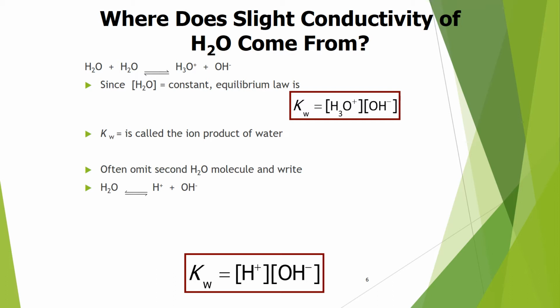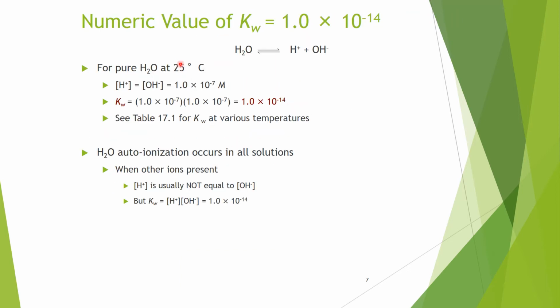You'll see through these slides that these will be interchanged. You'll see that the H plus will be interchanged with the H3O plus. And this number here will be constant. So what is that constant? It turns out to be 10 to the minus 14th.